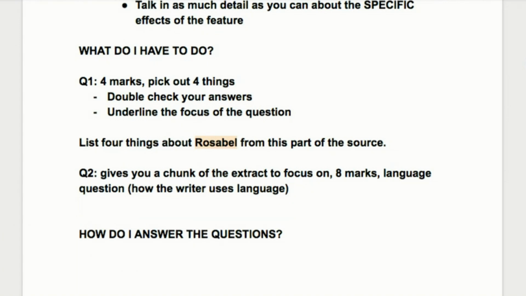So the focus is on how the writer uses language. This means that we need to use the language features skills. So we need to be able to pick out language features, we need to be able to quote them, we need to be able to talk about the effects.